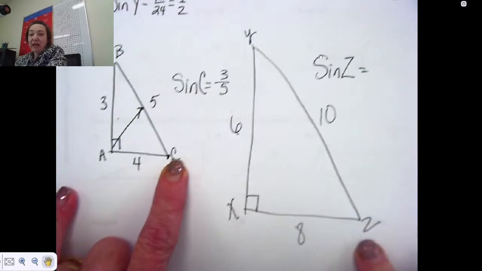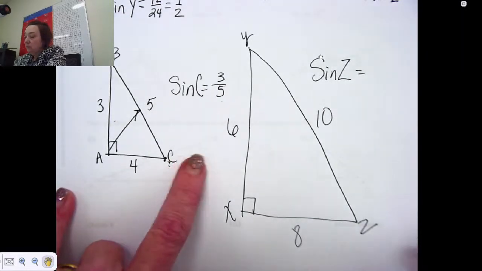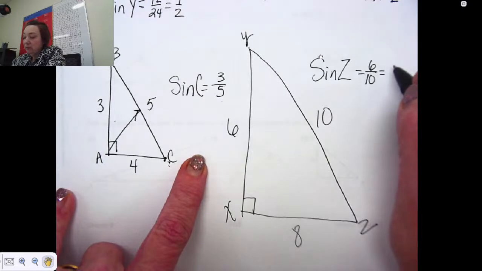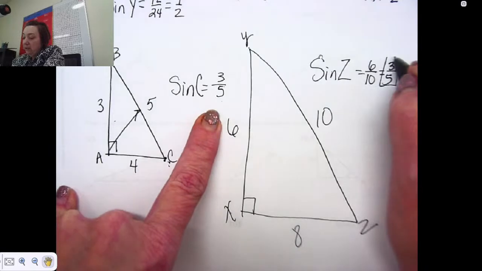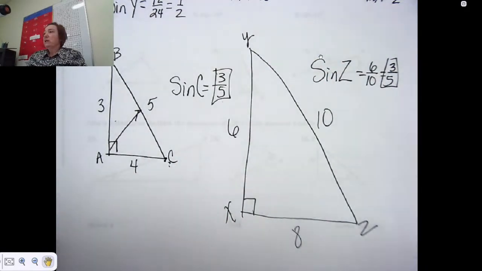What is the sine of Z? 6 over 10. And that simplifies to what? What goes into 6 and goes into 10? 2. How many times into 6? How many times into 10? Do y'all see how it's the same thing? Y'all follow what I'm saying?